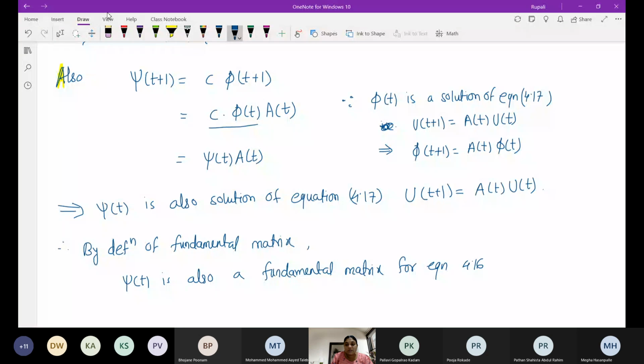What is my 4.16? Small u at t plus 1 is equal to A of t u of t. Is that okay?